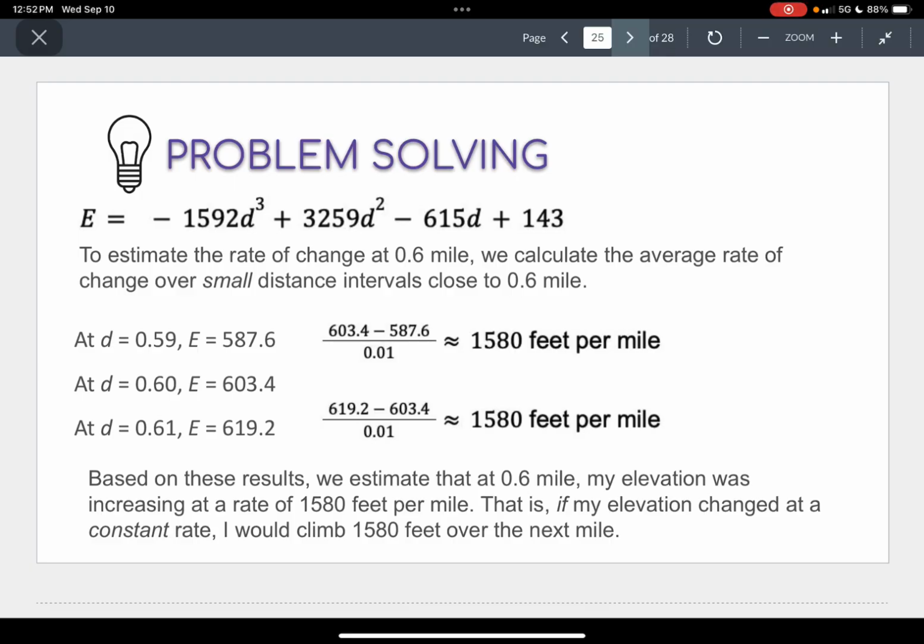So doing two different estimates got the same value. I'm pretty confident that's how my elevation was changing at that point in time. So based on these results, we estimate that at 0.6 of a mile, my elevation was increasing at a rate of 1,580 feet per mile. That is, if my elevation changed at a constant rate, I would climb 1,580 feet over the next mile.